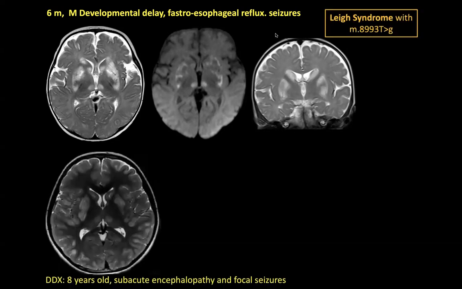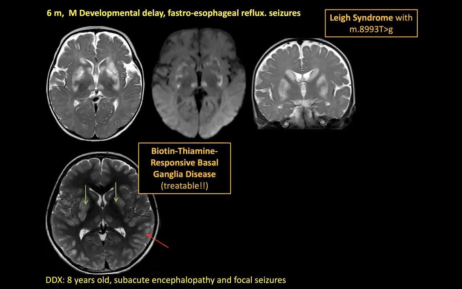However, remember that very similar appearances are also typical of something that is not mitochondrial and can be cured. Especially if you see this characteristic cortical subcortical hyperintensity that is a bit less expected in mitochondrial disease, you need to think of this entity called biotin thiamine responsive basal ganglia disease.